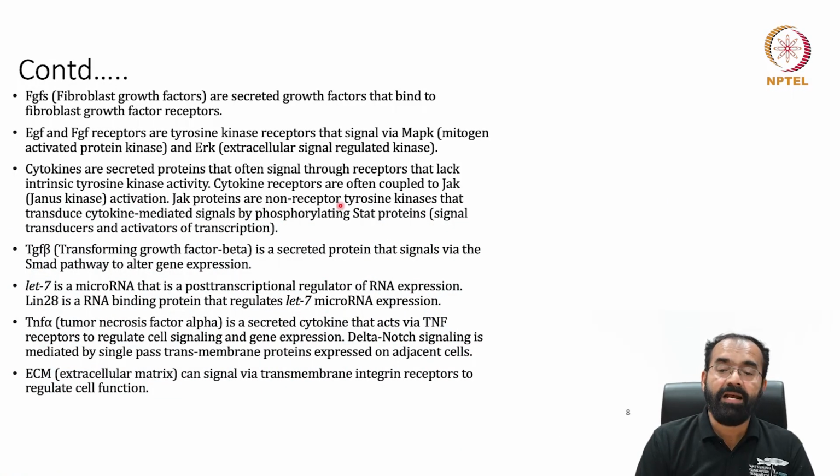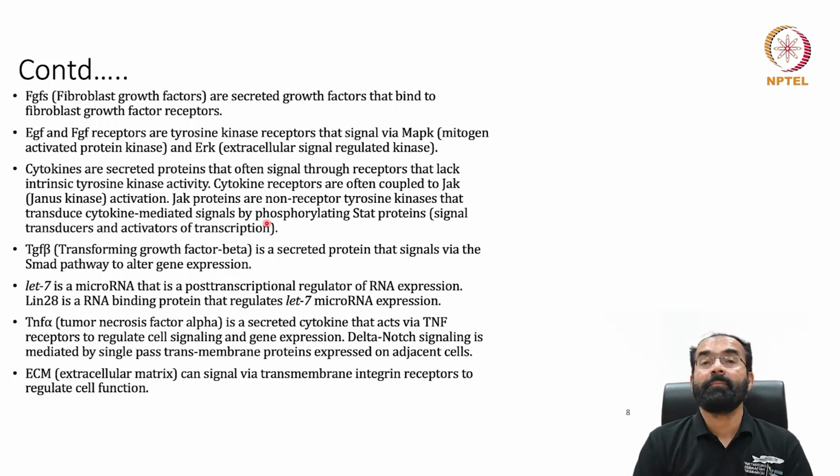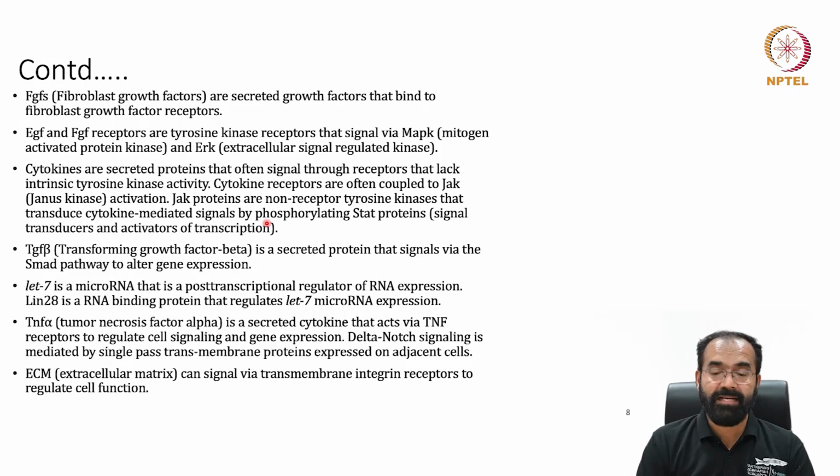JAK proteins are non-receptor tyrosine kinases that transduce cytokine mediated signals by phosphorylating another protein called STAT, signal transducers and activators of transcription. STAT is the short form of this long protein name. So the phosphorylated STAT can go to the nucleus and act on the target genes.